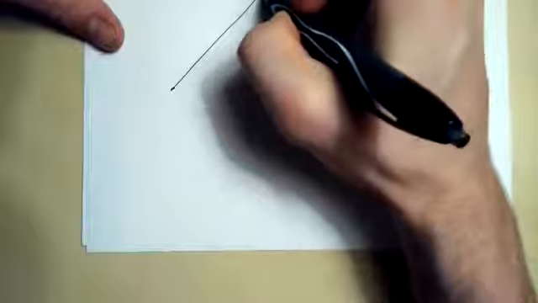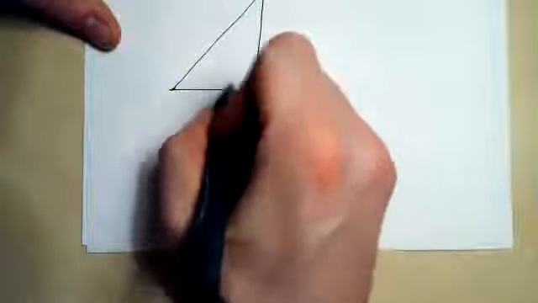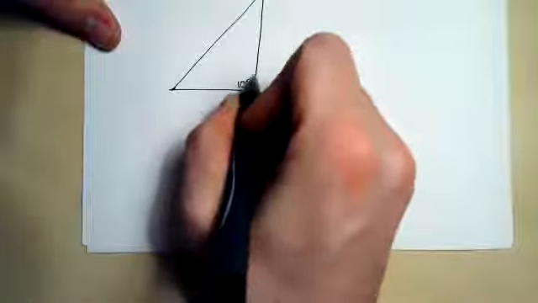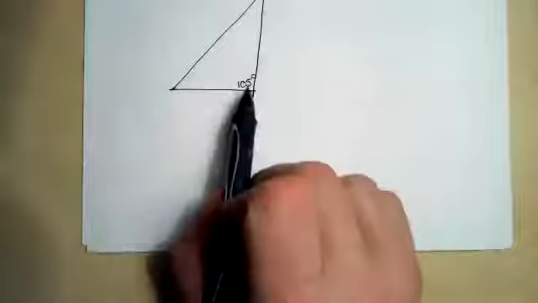So we've got a triangle. Let's say one angle is 105. Let's say the other angle is 45.